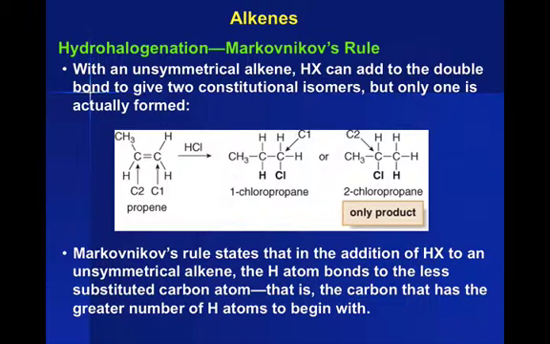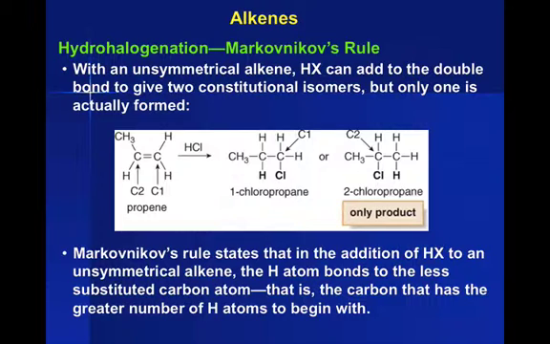Let's suppose the hydrogen goes here, and I'm just showing the one hydrogen. Of course, there's 2 others there. What kind of carbocation is that? Secondary. But now, what if we put the hydrogen here? What kind of carbocation do I get? Primary. What's more stable? Secondary. Markovnikov's rule is really all about carbocation stability.